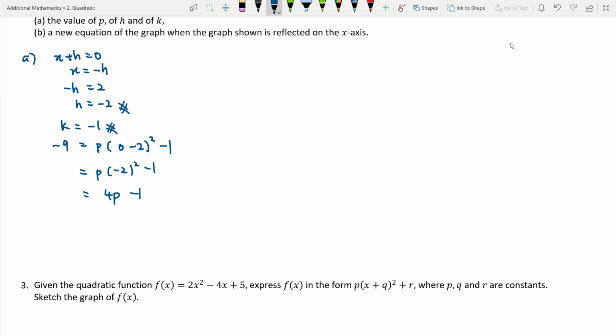Further simplify the equation, 4p is equal to negative 9 plus 1, which is negative 8. P is equal to negative 8 divided by 4, negative 2. Hence, the complete equation is y equals negative 2(x minus 2) square minus 1.